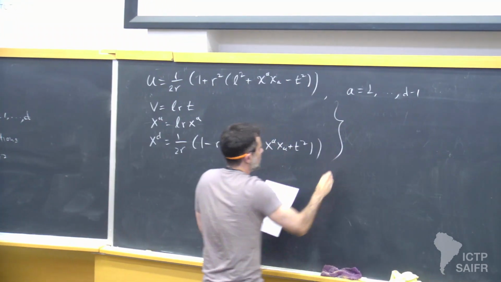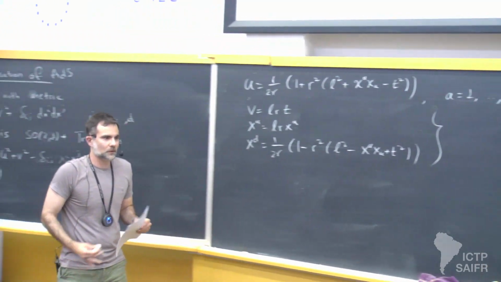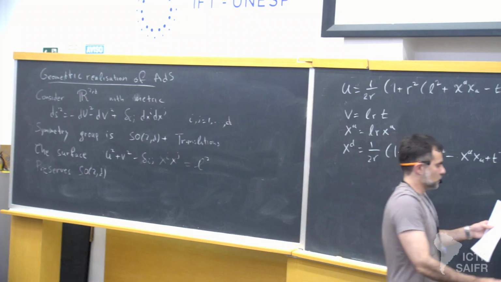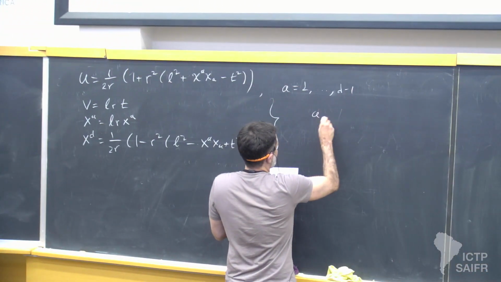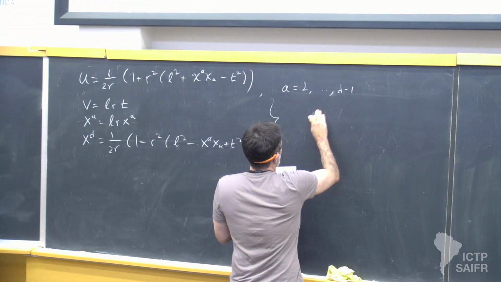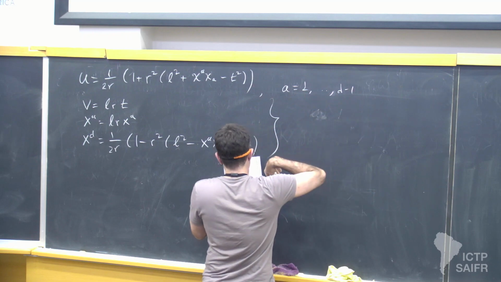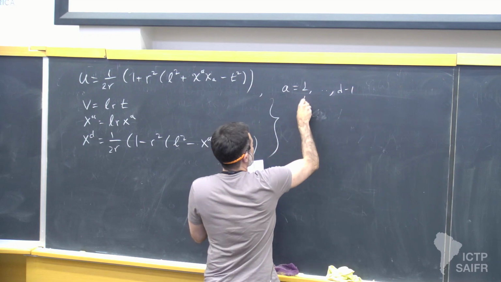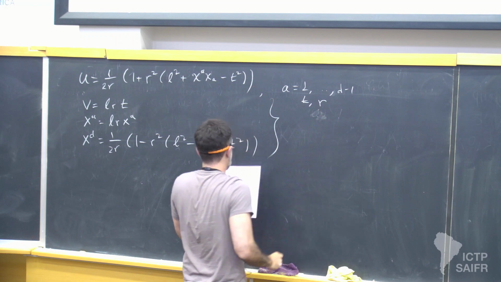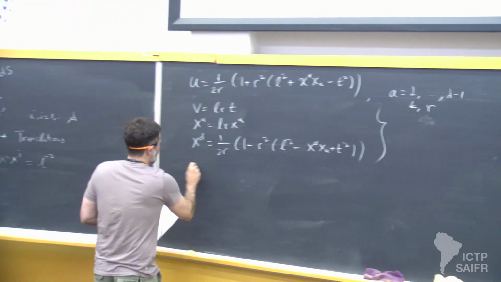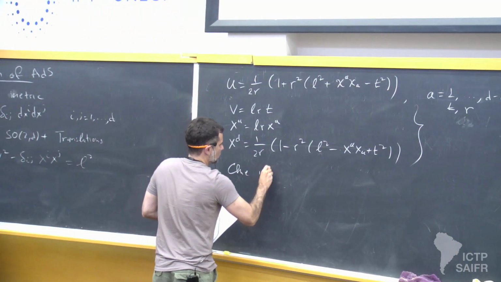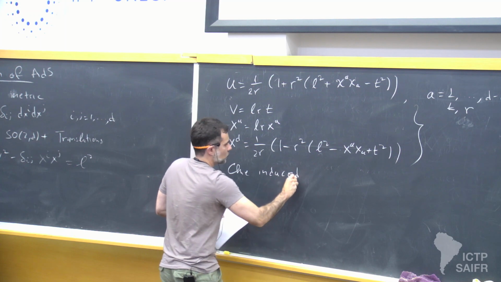And then if you find the induced metric on the space, which is parameterized by the d minus 1 coordinates x^a, t, and also the coordinate r, then the induced metric is AdS in Poincaré coordinates.